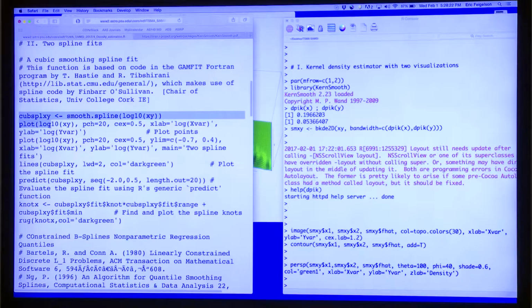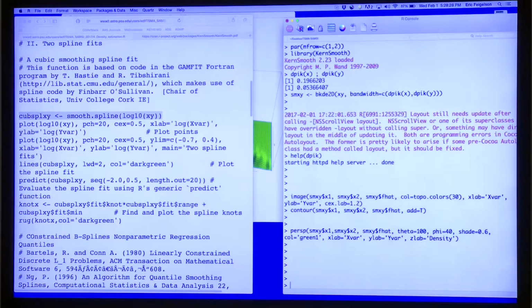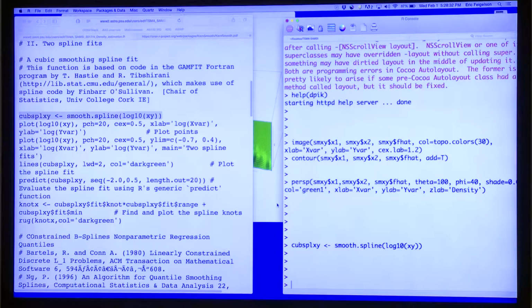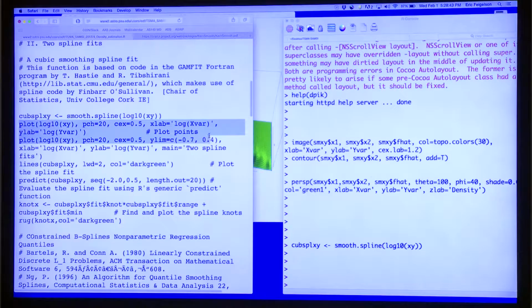In R, it's called smooth.spline. Okay, so we'll say smooth.spline. I'm calling it cubsplo xy, cubic spline of x and y. I'm just calling it that for my own use. So first let me plot the data points.